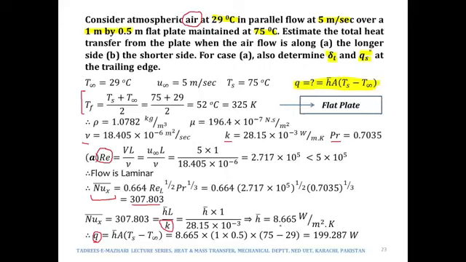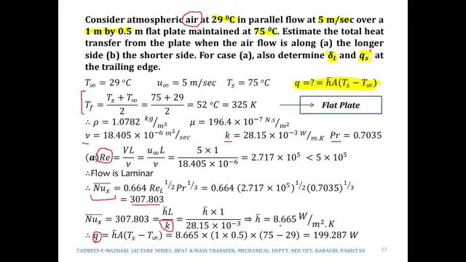Kindly note that this is the average value, h bar. It would not be 8.6 over each and every point. If you recall the decreasing trend in the value of h, you would realize that since it is the average value, at some locations towards the start of the plate the values of h x would be more than 8.6, and towards the end of the plate the local value h x of the convective coefficient would be less than 8.6.